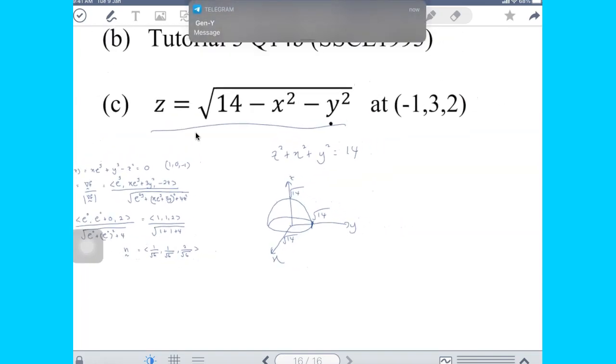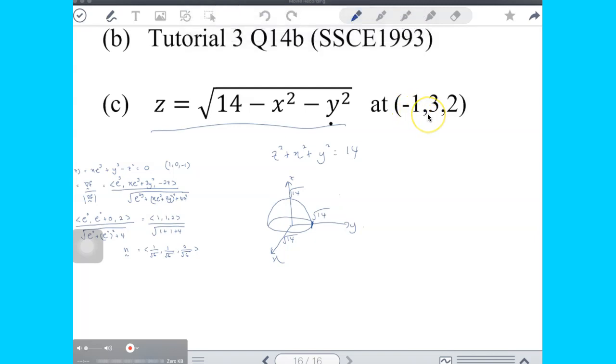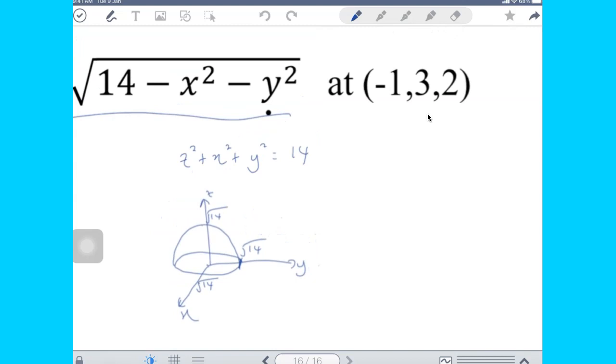But then you have to find the unit normal vector at negative 1, 3. So x is negative, so somewhere at the back here. Okay, because the x is negative. So you have to find the normal to that surface.